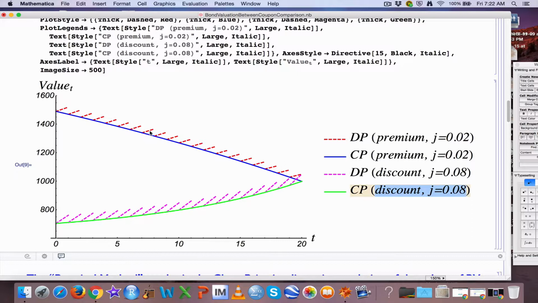The red graph, the dirty price, goes up. It's taking the accrued value of the next coupon payment into account. It's going up until right before t is 8. It's 50 units because the coupon payment here is 50 above the point down here. Okay, so right before the coupon payment, the value is $50 higher than right after the coupon payment.